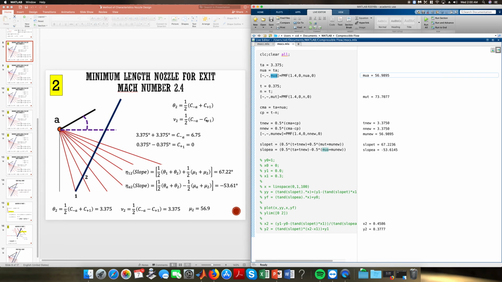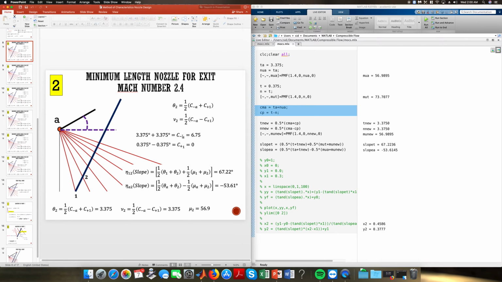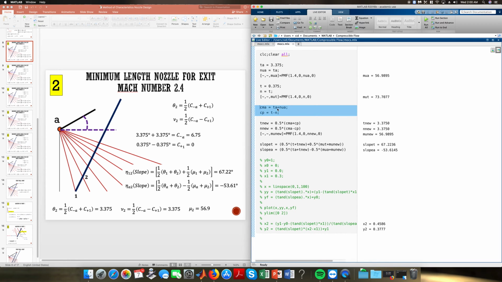So now here I program this equation. Basically, theta 2 is half. Well, no, before that I gotta find the c minus a and c plus a values. So c minus a, CMA, is theta a plus nu a right here. So then c plus is theta minus nu, which is basically this equation right here.